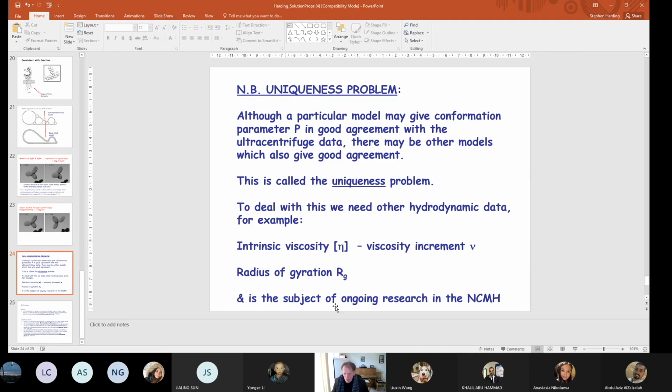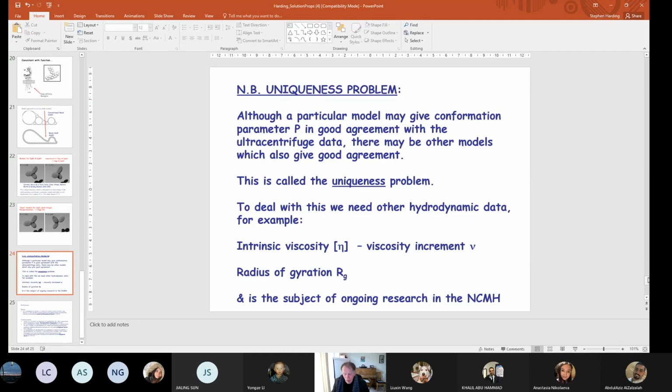And this is the subject of ongoing research we have in the NCMH, which is our laboratories, in collaboration with scientists like Roy Jeffress, who you met last week, and also colleagues from industry who you'll meet in 2 or 3 weeks' time when we have the lectures from the people at AstraZeneca, Sanofi, Arecor, and GlaxoSmithKline.